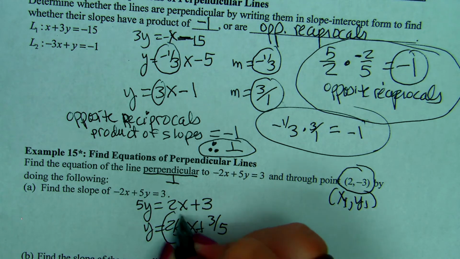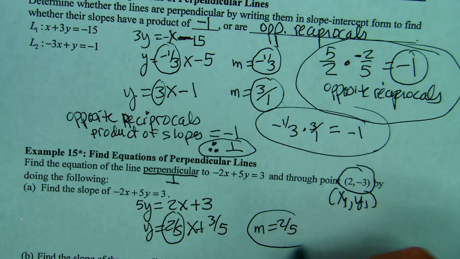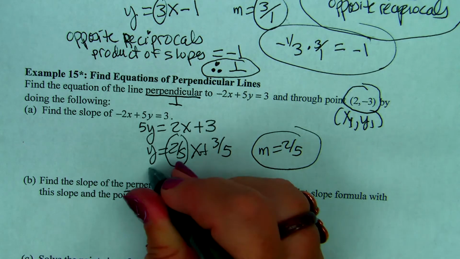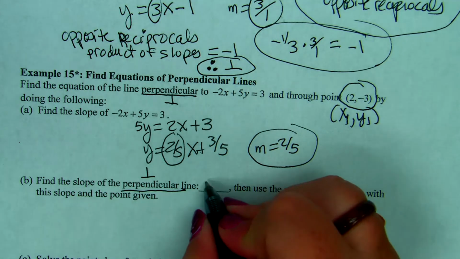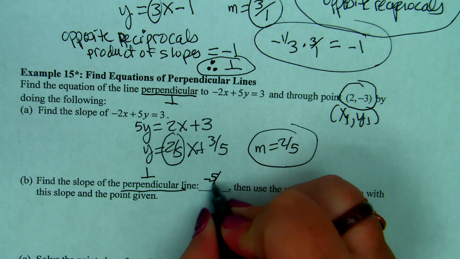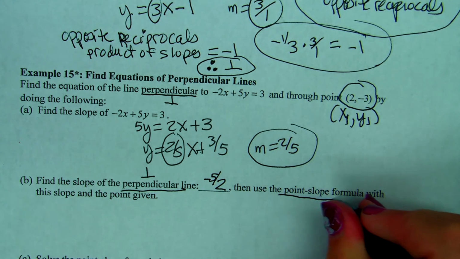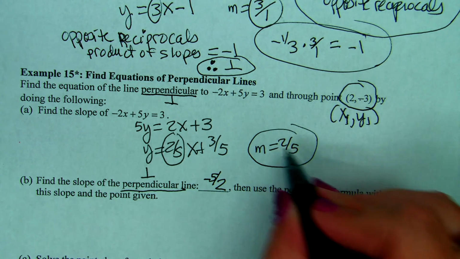So there's the slope. The slope equals 2/5. Find the slope of the perpendicular line. So go ahead and find the opposite reciprocal of 2/5. Then you use the point-slope formula with the point right here and the slope right here.